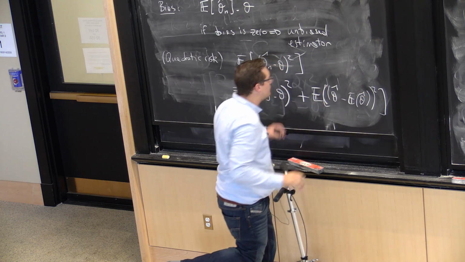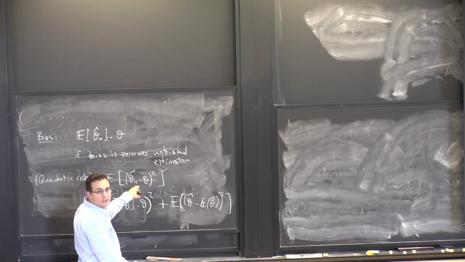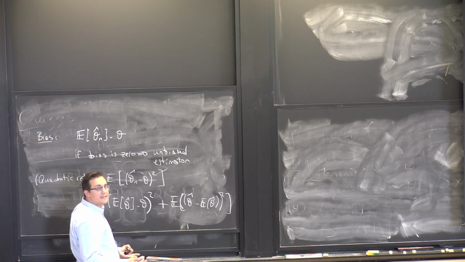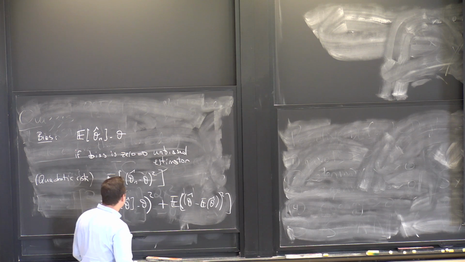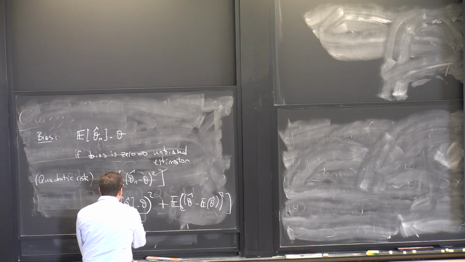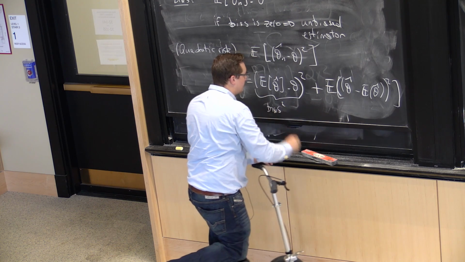OK? And that came from the fact that when I added and removed the expectation of theta hat in there, the cross terms canceled. All right, so that was the bias squared. And this is the variance.